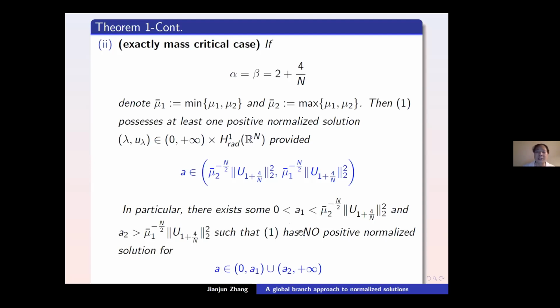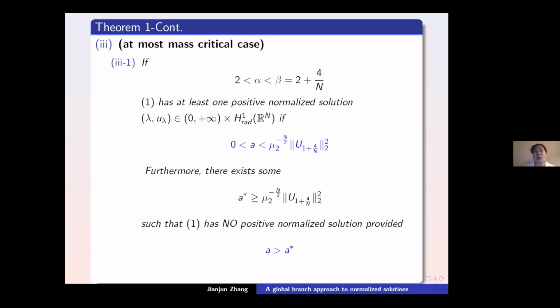But we do not know if this problem has a normalized solution in the range of A. So here we show that in this case, the problem does not always have a normalized solution. The existence depends on the range of A.